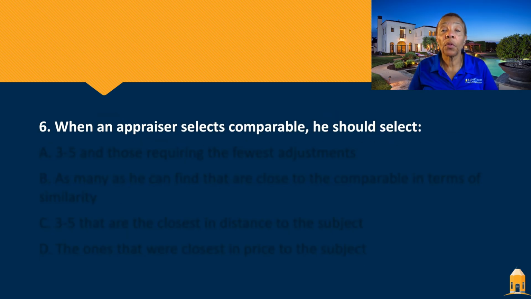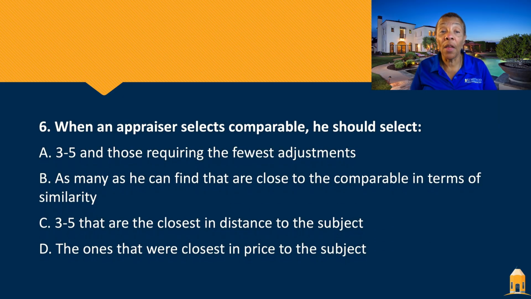6, when an appraiser selects a comparable, he should select A, 3 to 5, and those requiring the fewest adjustments. B, as many as he can find that are close to the comparable in terms of similarity. C, 3 to 5 that are the closest in distance to the subject.